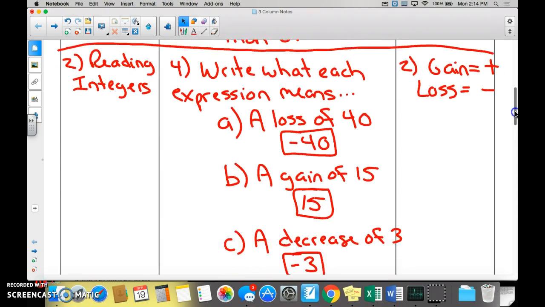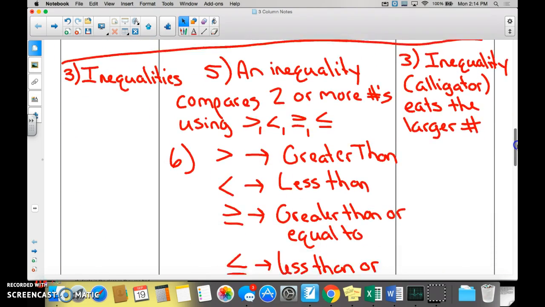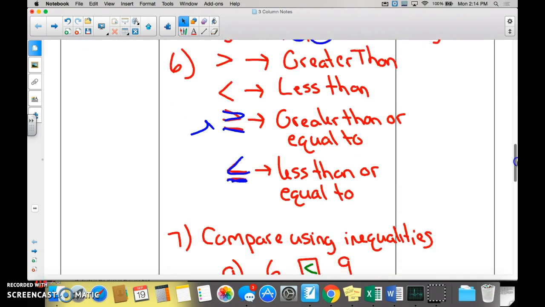Sweet. Number 3, we talked about inequalities. Most of you had no idea what this meant or what this meant. You all now know that this line means equal. So we're talking about greater than or equal to, and less than or equal to. And we know that when you're reading inequalities, you read from left to right.